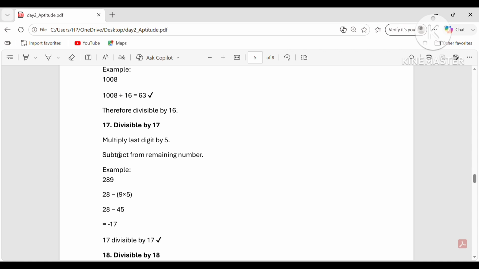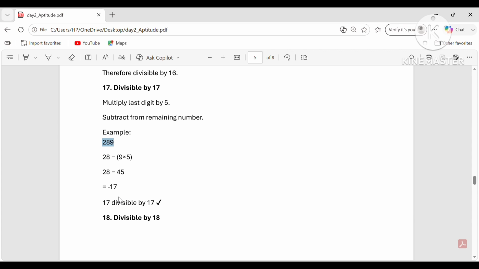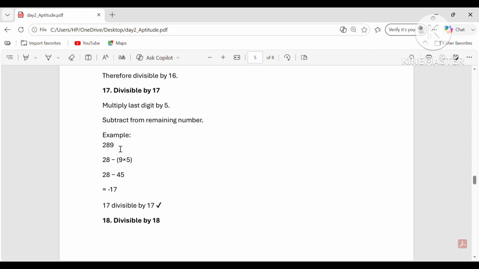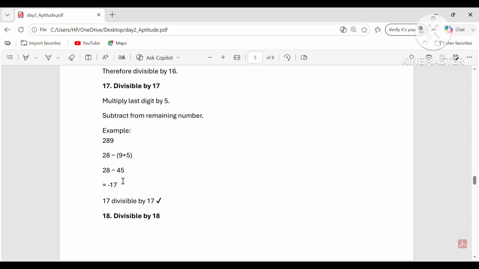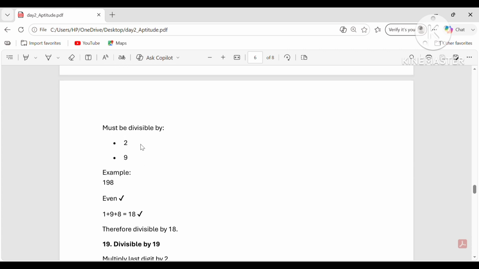So for 3, we need to add the individual digits in the given number, and we got 12. 12 is divisible by 3, and for the last digit we need to check 5, to check whether the given number is divisible by 5 or not. So it is also valid. We got the correct answer.